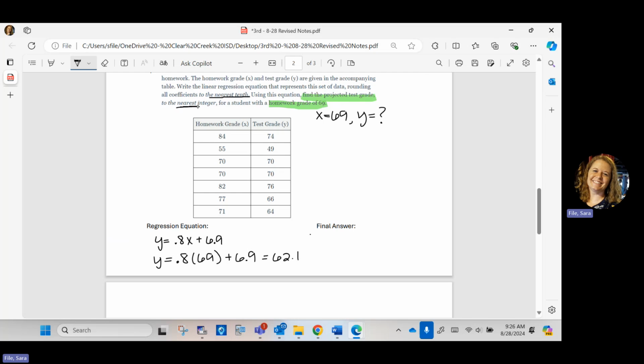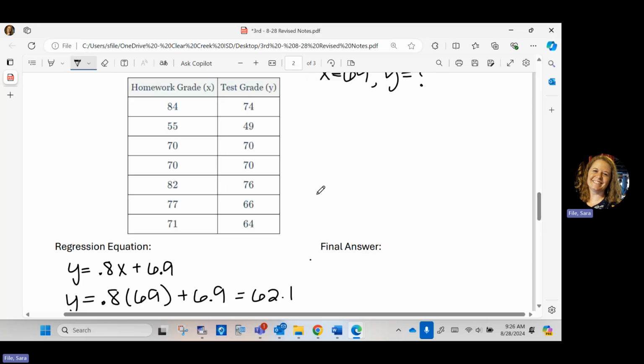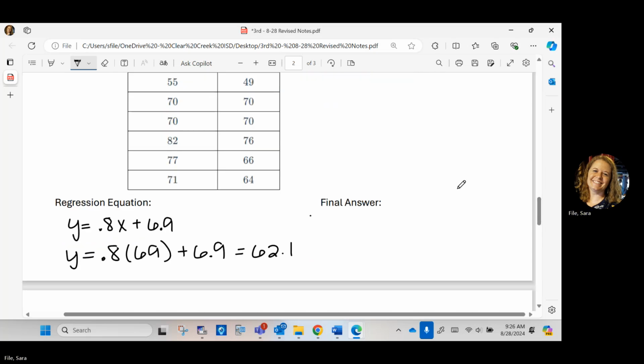This one is rounded to the nearest integer. So that's another way of saying the nearest whole number. So what's 62.1 closest to? 62. So our predicted test grade for someone who made a 69 on the homework is a 62.